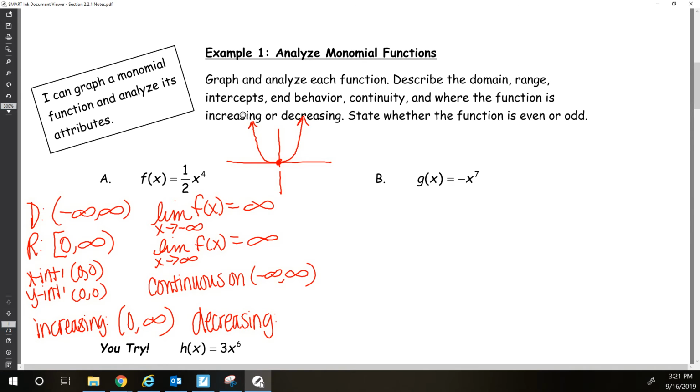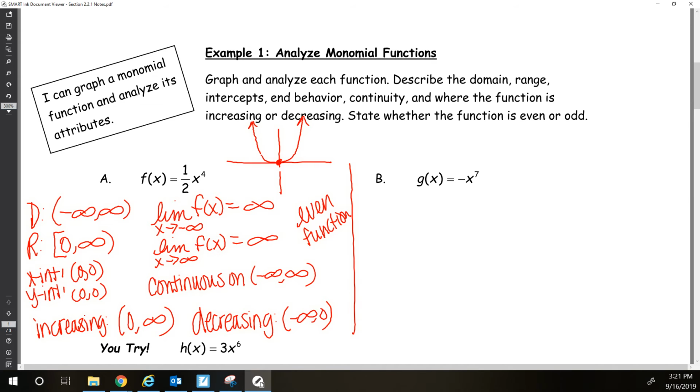All right, where is this graph getting smaller? That's going to be from negative infinity to 0. Is this graph even, odd, or none of the above? This one is symmetrical about the y-axis, so it's an even function.